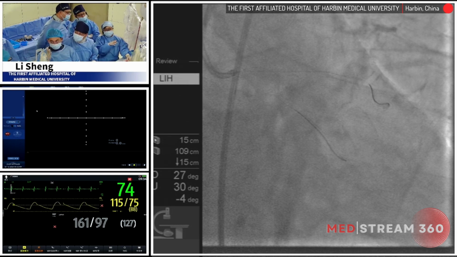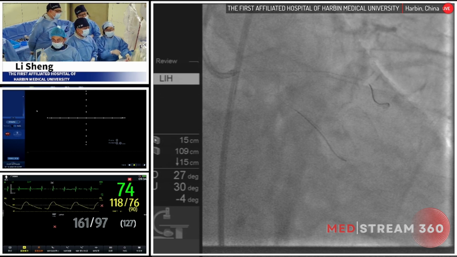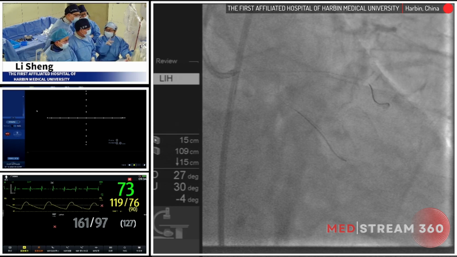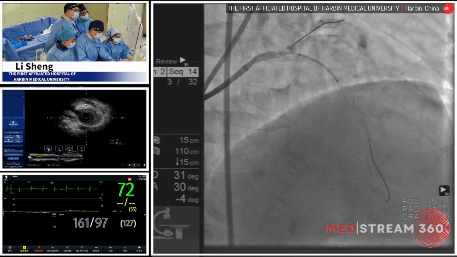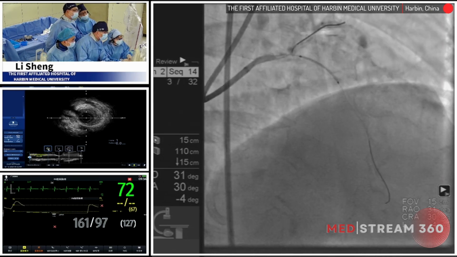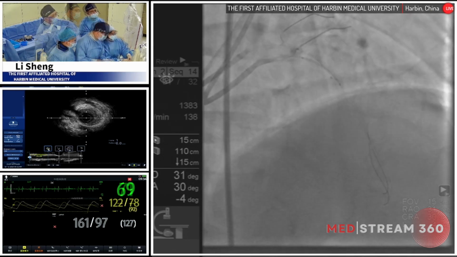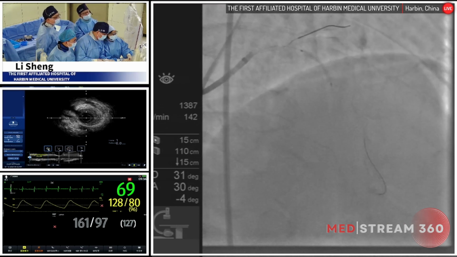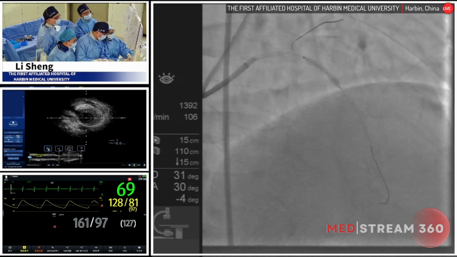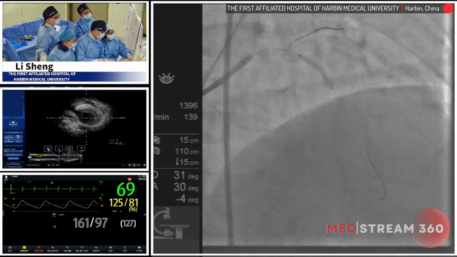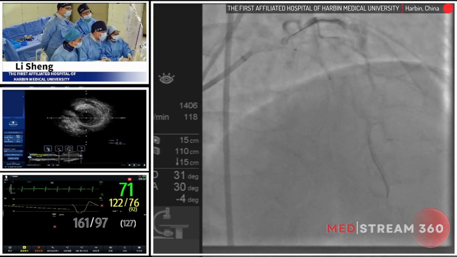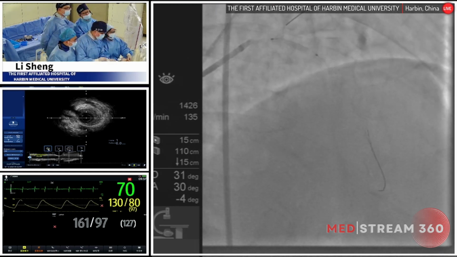The first stent should cross over the first diagonal, at the mid of the two diagonals. Is it good? Yeah, I think it's in a good enough position. So what stent are we using? Resolute.